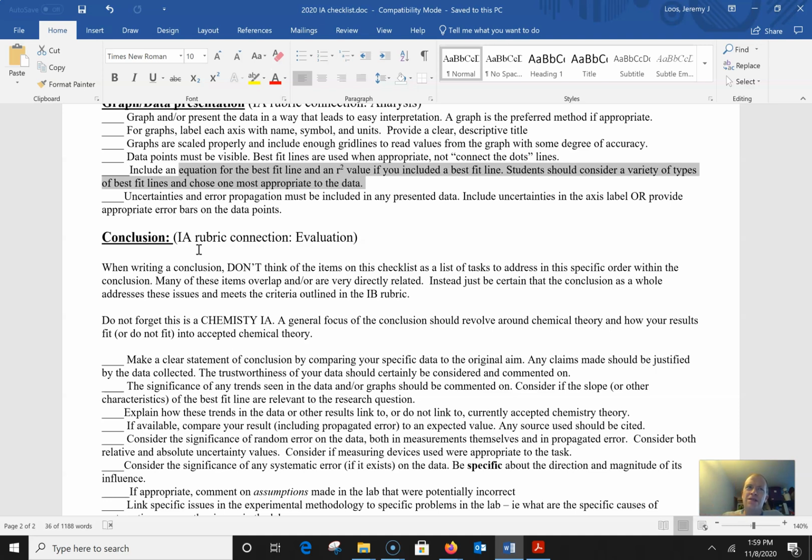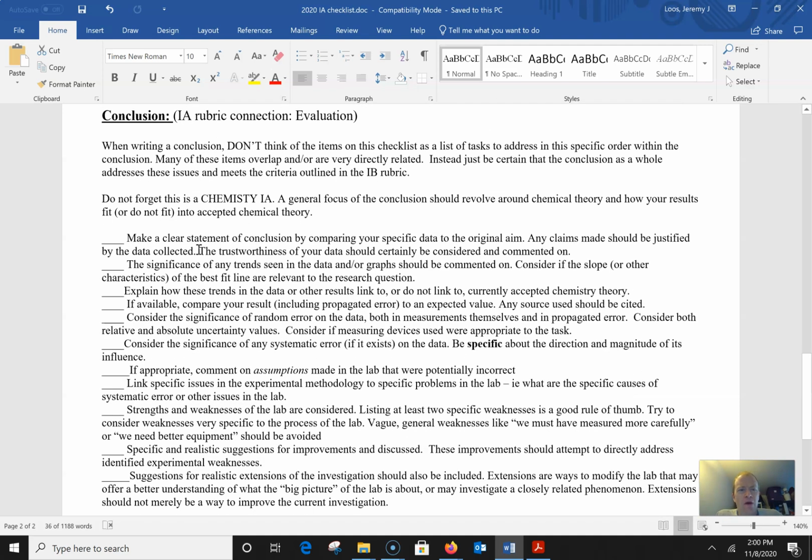Basically what we're trying to see is if there is some sort of mathematical relationship between these variables, and we should comment on that. And then again, uncertainties, error propagation, if we do some calculations, there definitely should be some appreciation of the uncertainty even on the graph. You could put some ranges on there. If you know how to put in error bars, which is something you do in LoggerPro, that's something that you can consider. So your conclusion, this is going to be in the evaluation section.